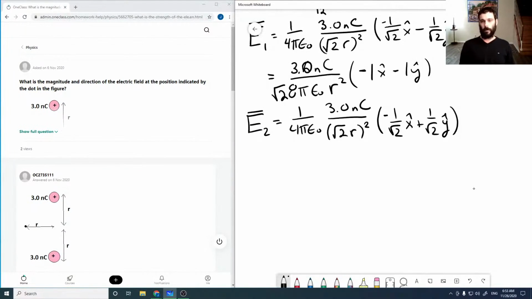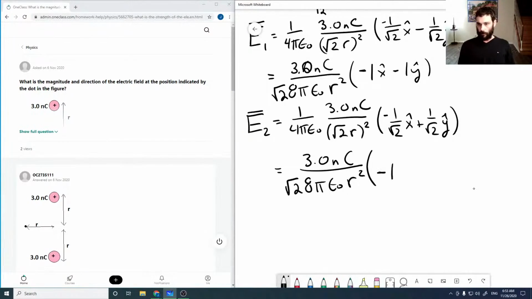So root 2 squared is 2 times 4 is 8, and I'm going to pull the root 2 out here. So this would be 3.0 nanocoulombs over root 2 8 pi epsilon naught r squared, and then minus 1 x hat plus 1 y hat.